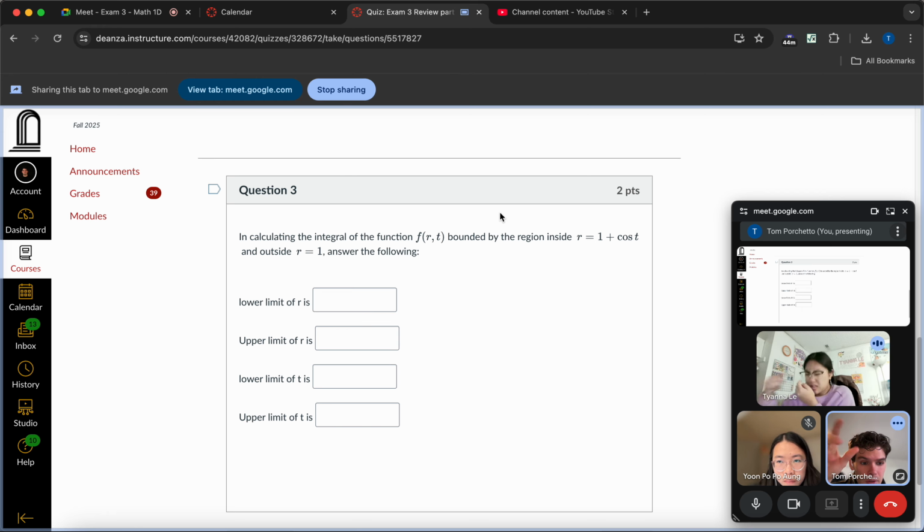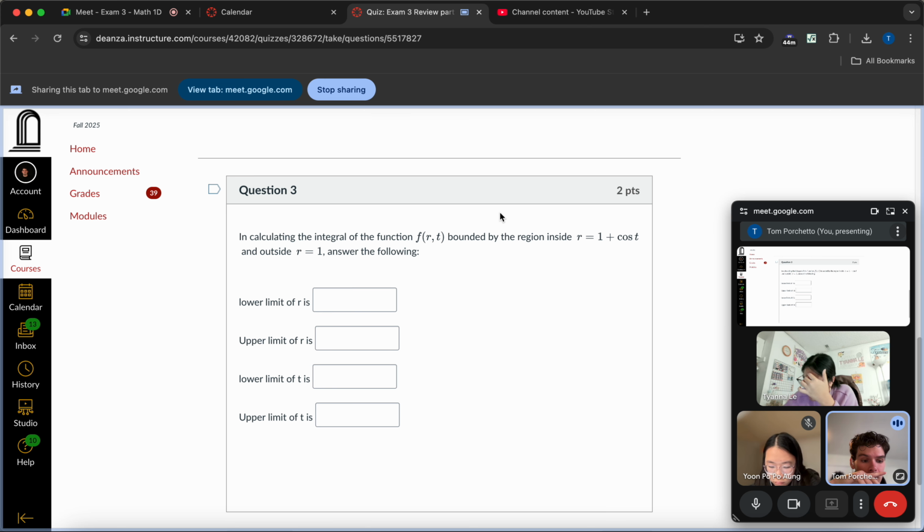We use substitution, so we move the 1 from 1 plus cosine of t equals 1, and the 1 minus 1 cancels out, so we get cosine of t equals 0.